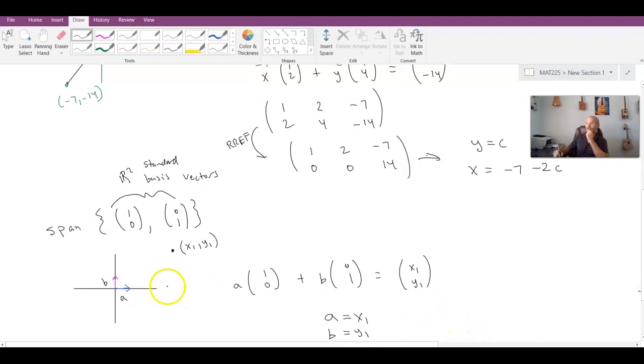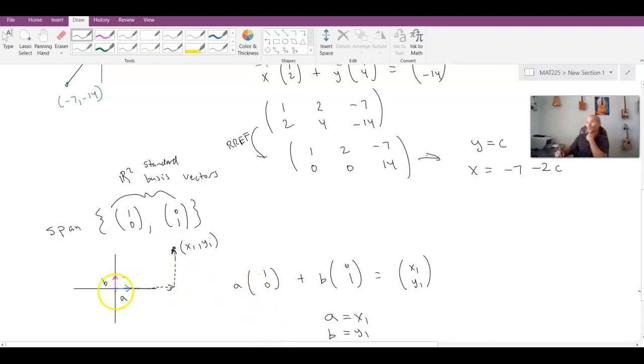So what really happens here is I scale the 1, 0 vector by x1 units, and that will stretch it or shrink it if the point were closer to the origin than the vector is long. If I scale this by a factor of x1, and then from there take the 0, 1 vector by a factor of y1, that will give me exactly that point right there.